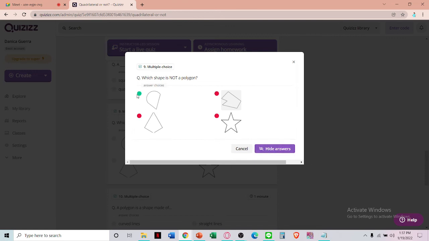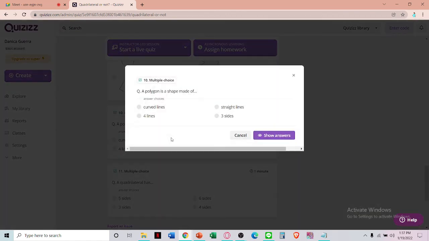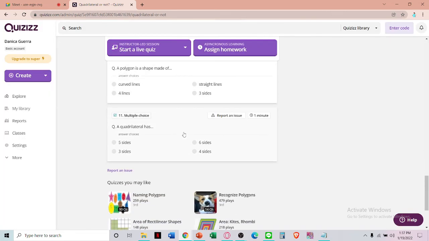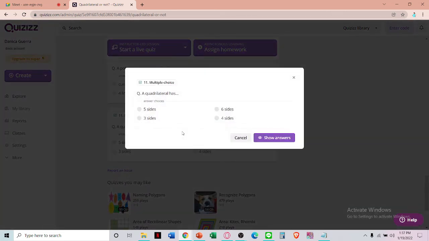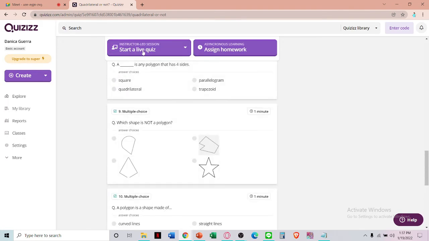Number 1, because polygons should have straight lines. Polygon. Next, a polygon is a shape made of what? Straight lines. A quadrilateral has 4 sides. Easy. Okay, let's start.